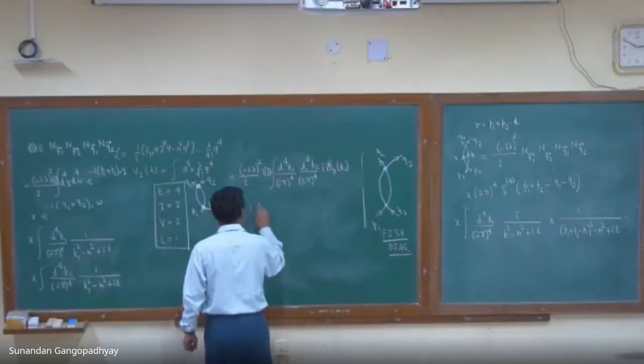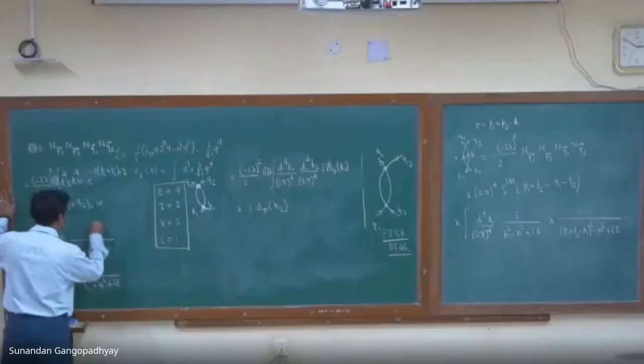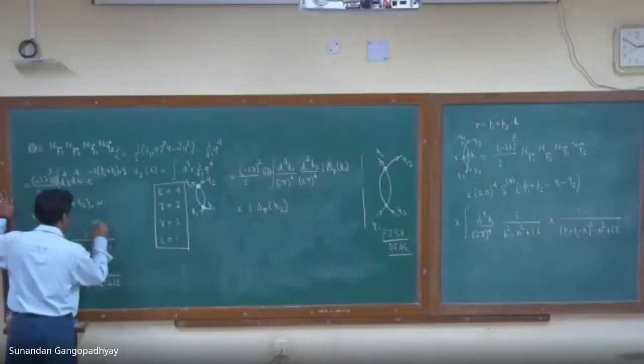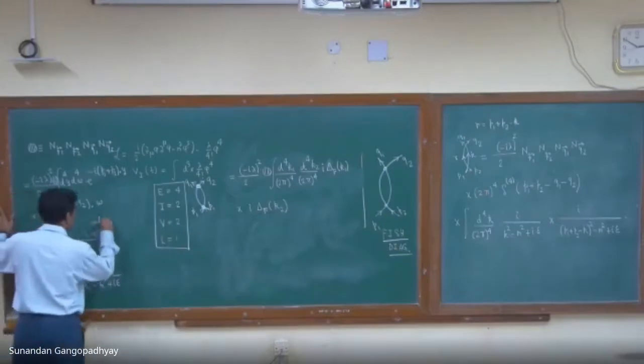Sir, I think you have missed an exponential factor while writing the Feynman propagators. That is the form for i delta_F. You have to include the exponential of i k y. Correct, yes, I missed this factor. Thank you very much, you are absolutely correct.